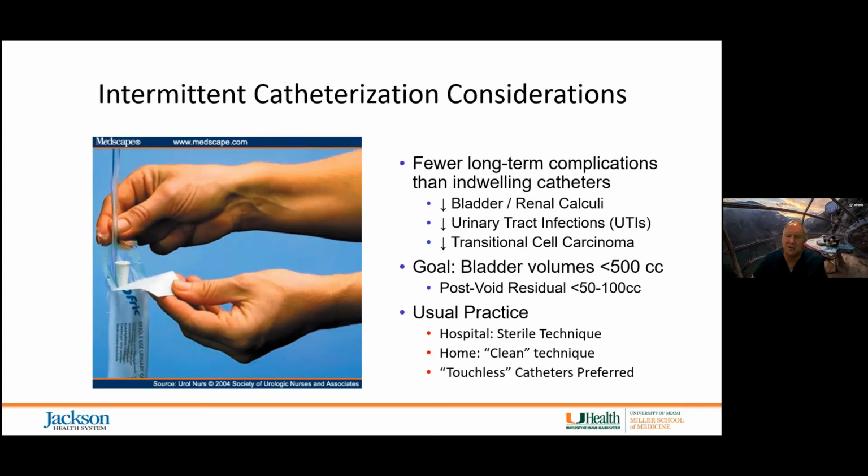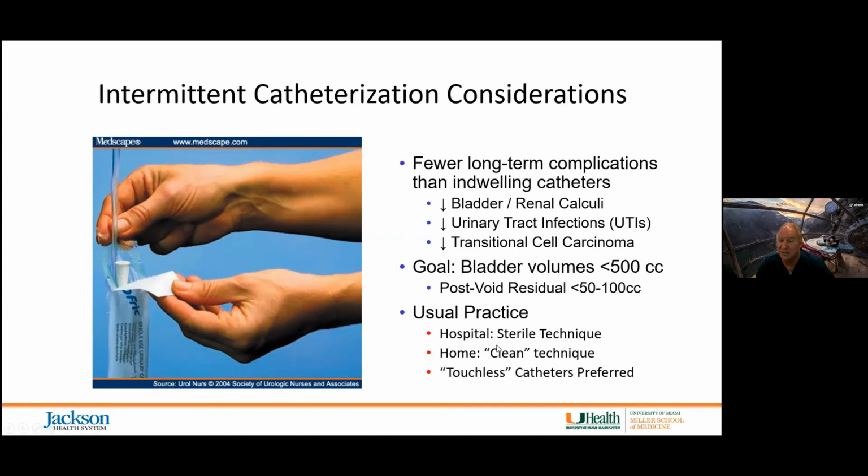urethral catheter. The goal of intermittent catheterization is to have bladder volumes under 500 cc's with a post-void residual less than 50 cc's and continence. The usual practice in the hospital is using sterile technique. At home, ideally the person and/or their attendant is going to be able to use clean technique without getting urinary tract infections.